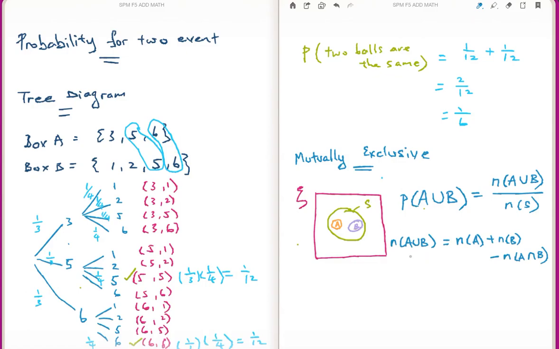So you divide by the number of samples on both sides. Therefore the possibility of A or B is the possibility of A plus the possibility of B subtract the possibility of A and B.